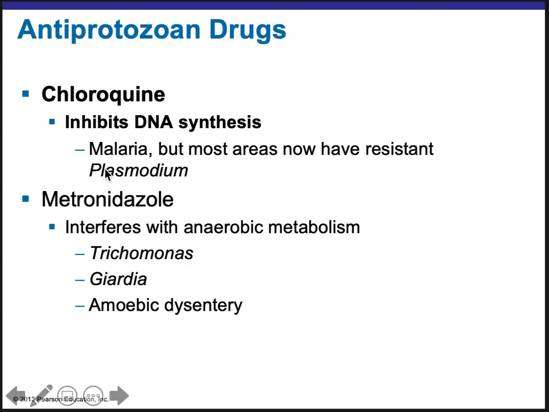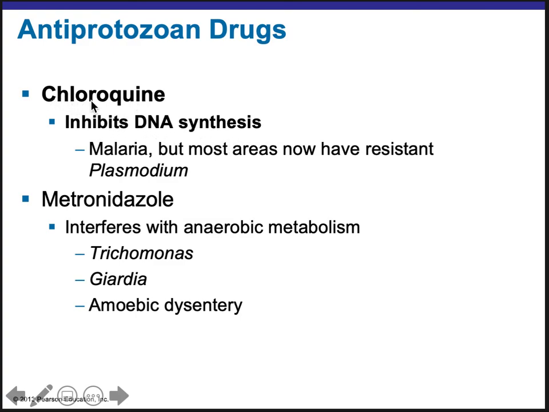Okay, so mosquito-borne infection with Plasmodium causes malaria. This would be from mosquito bites, and you are probably familiar with malaria at least a little bit because it is such a huge problem that we've been trying to get under control for a long time. There's a drug, Chloroquine, that inhibits DNA synthesis.